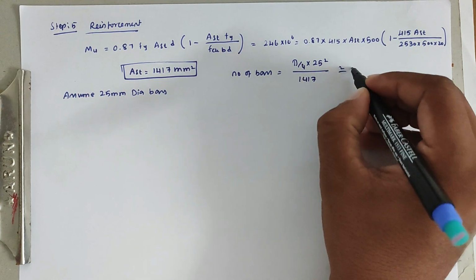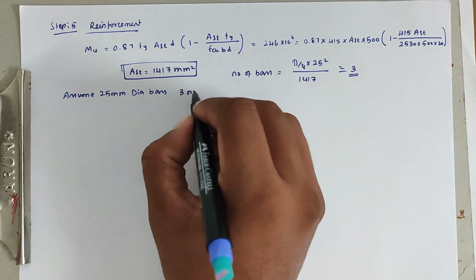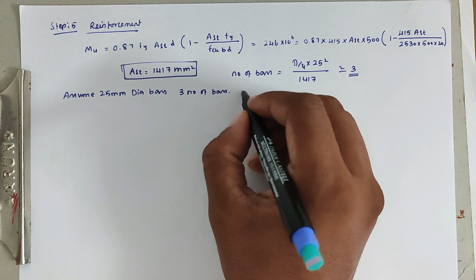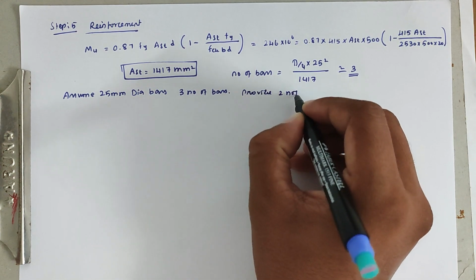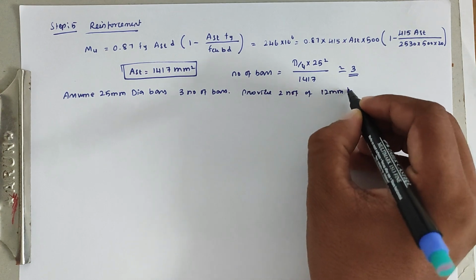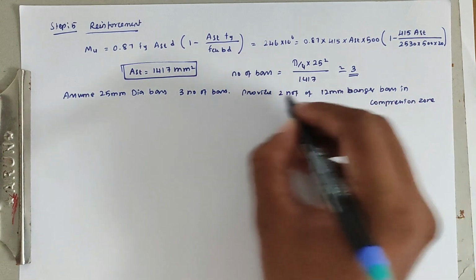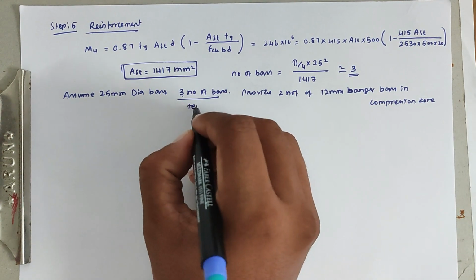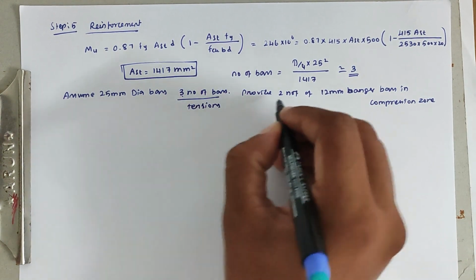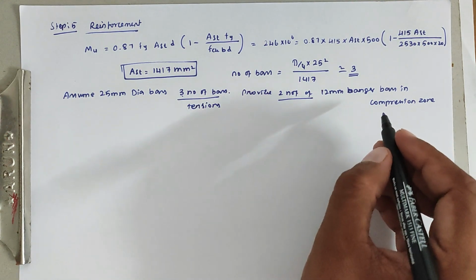We got the value of 3, so we can provide 3 numbers of bars. Then provide 2 numbers of 12 mm dia hanger bars in compression zone. These bars are in the tension zone, and these 2 bars are in the compression zone, so this is the compression reinforcement.